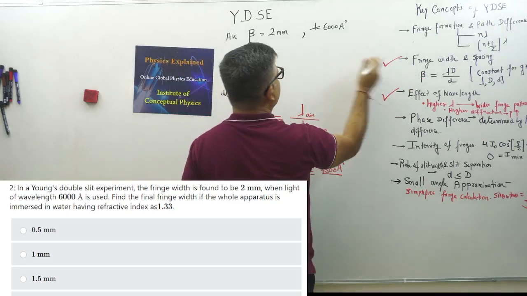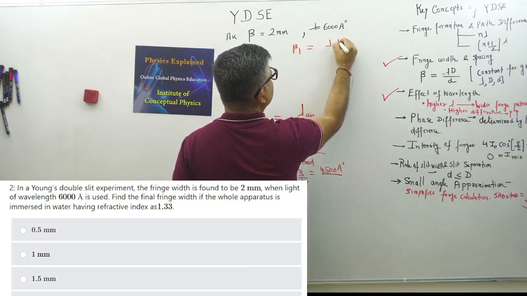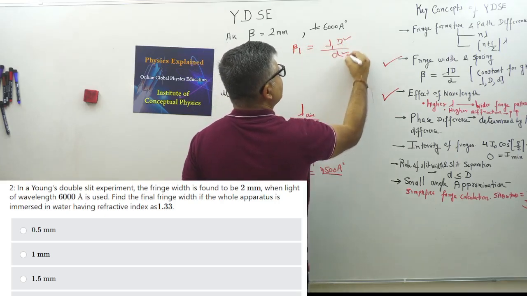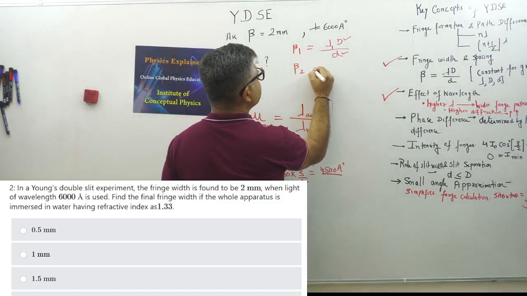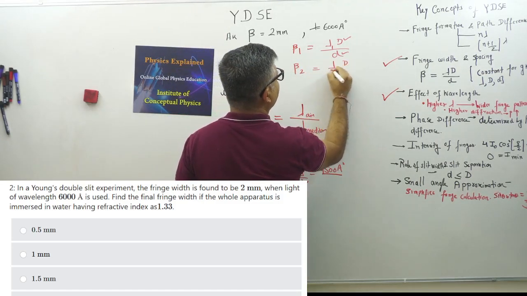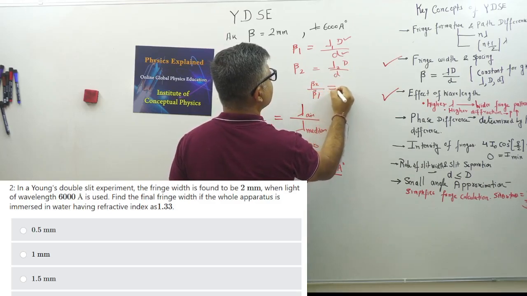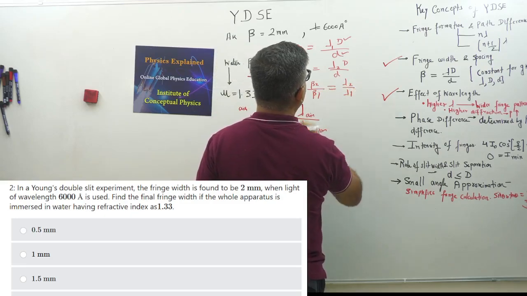Let's use this formula. So beta 1 is equal to lambda 1 D by d. We have not changed D and d here. So beta 2 is equal to lambda 2 D by d. You divide beta 2 by beta 1, it is equal to lambda 2 by lambda 1.